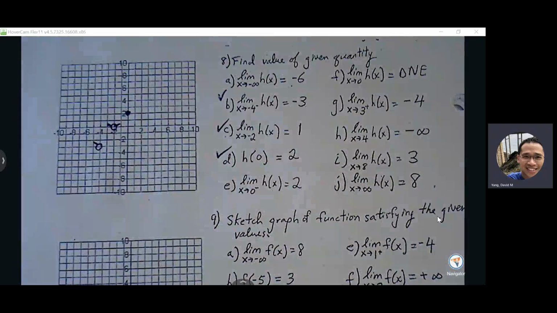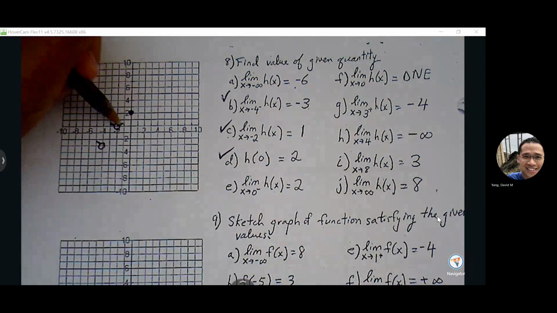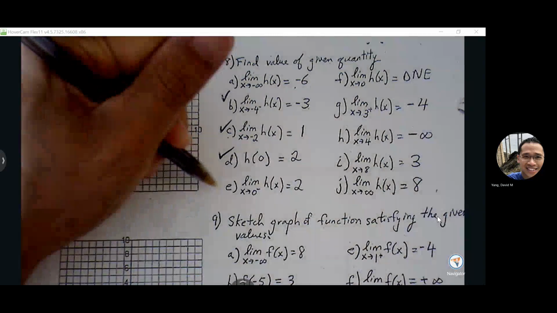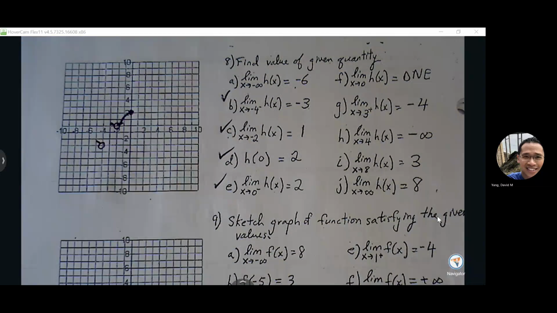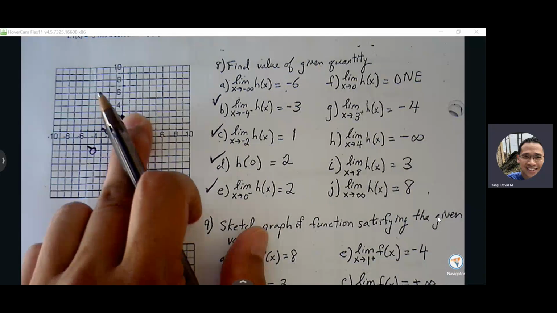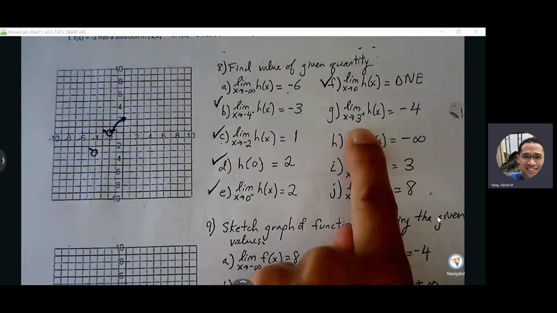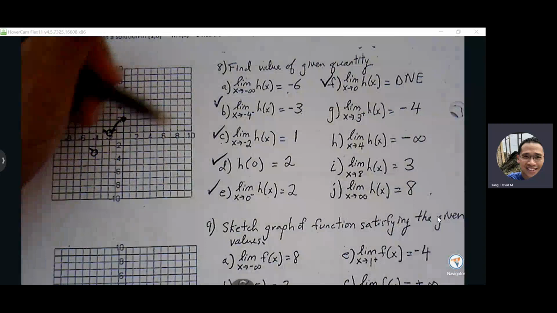And I'll do the asymptotes last. Limit as x approaches 0 from the left side of 0 equals 2. I'm gonna connect these two. That fulfills that condition. Limit as x approaches 0 is undefined, so I'll just have that as an endpoint. I won't extend past that point for this branch. Limit as x approaches 3 from the right is -4.